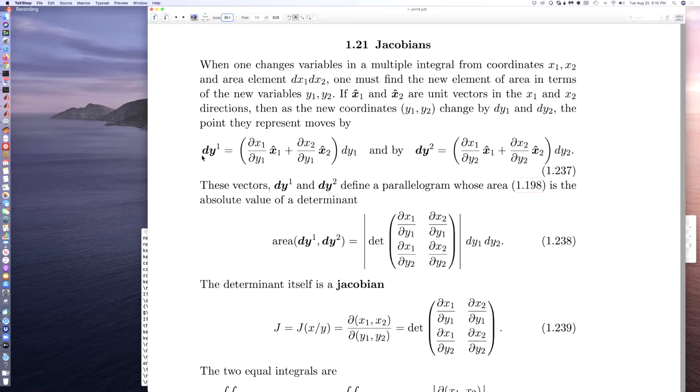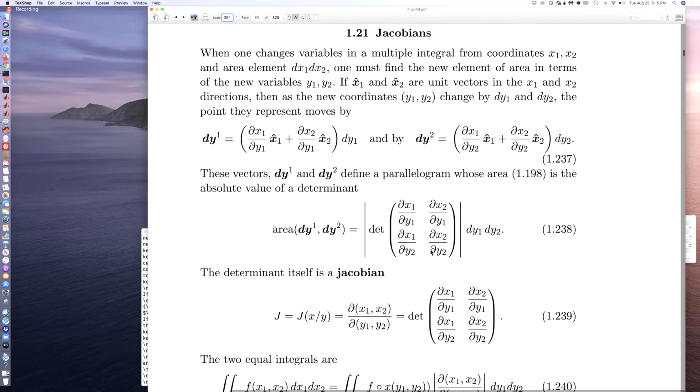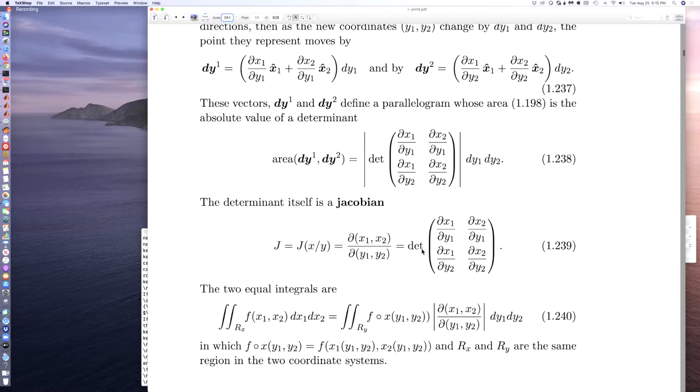These vectors then, dy1 and dy2, define a parallelogram whose area is the absolute value of the corresponding determinant. And the determinant itself is what's called a Jacobian.